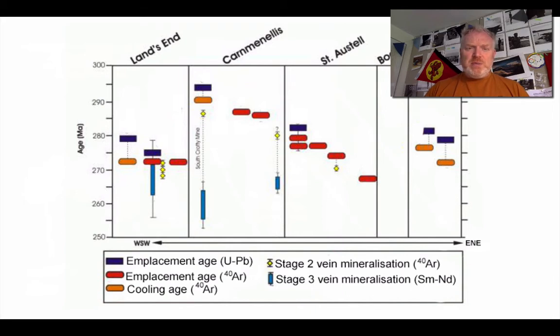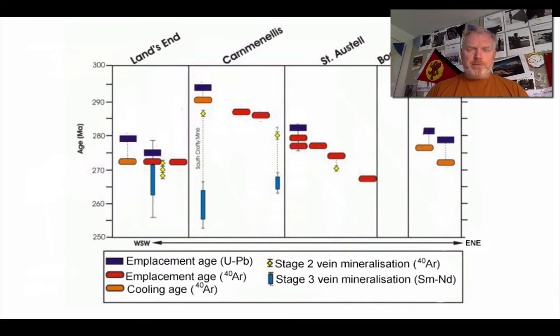One thing you do need to be careful of with this diagram is the age axis. Unusually in geology, the oldest is at the top, the youngest is at the bottom. So age is decreasing the further down this diagram we look.